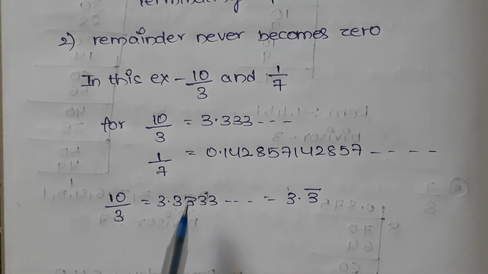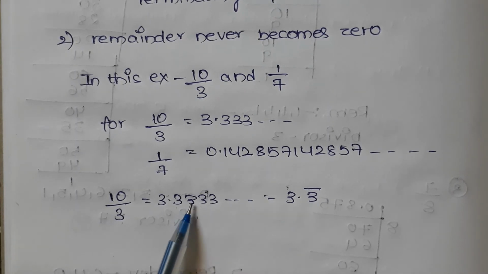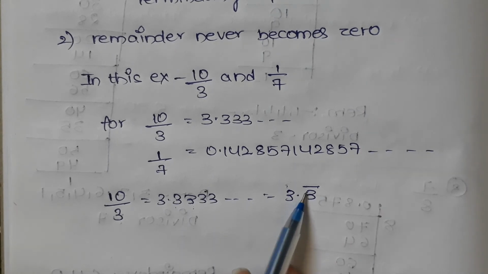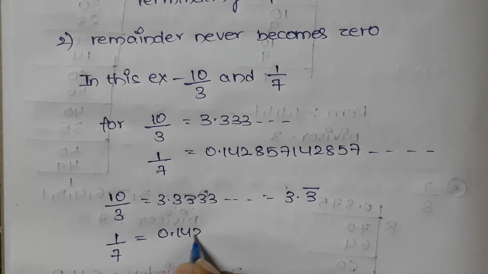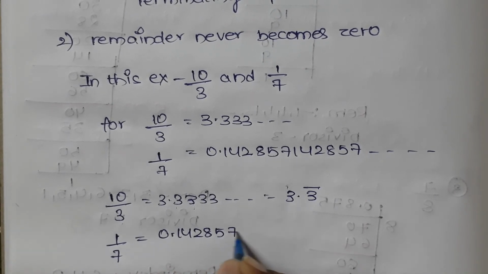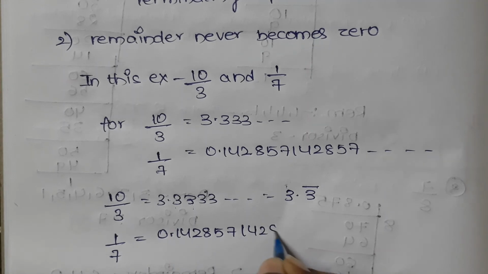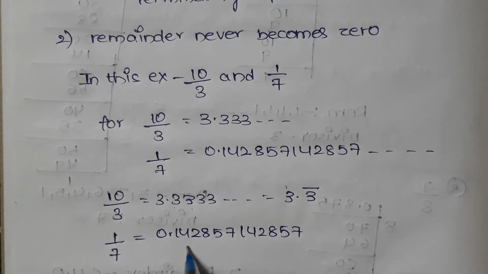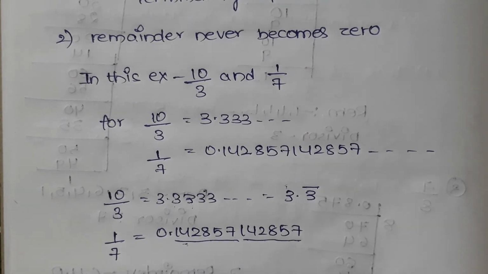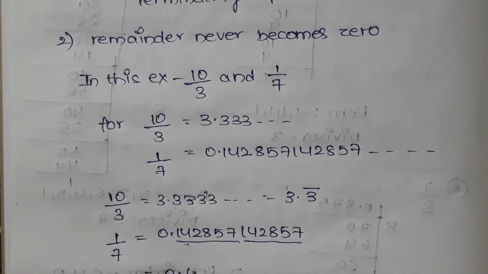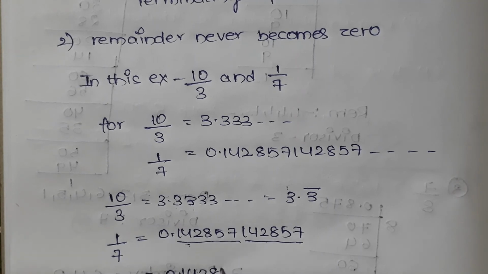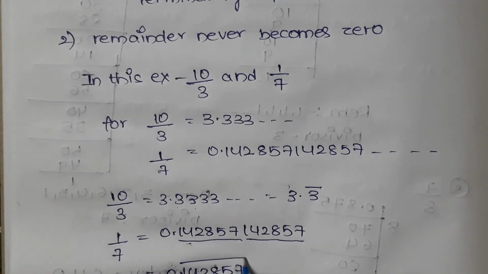If we have any repeating numbers, we can write them with a bar. Let us see another example, 1 by 7, which is 0.142857. Again we get 142857. These are the same digits, so we write it as 0.142857 bar.